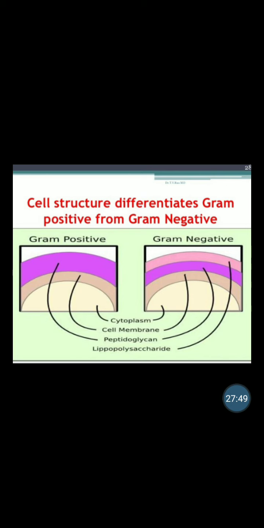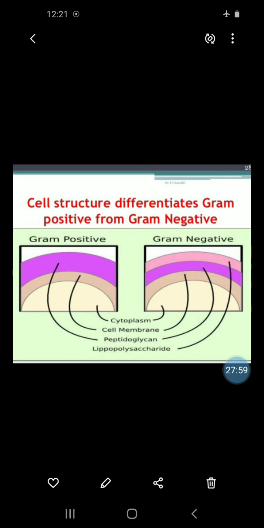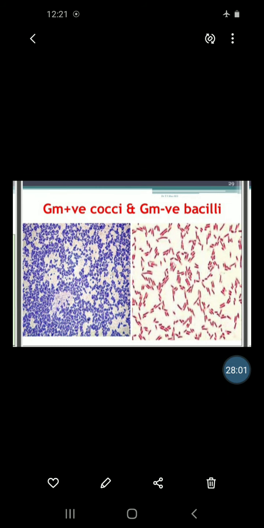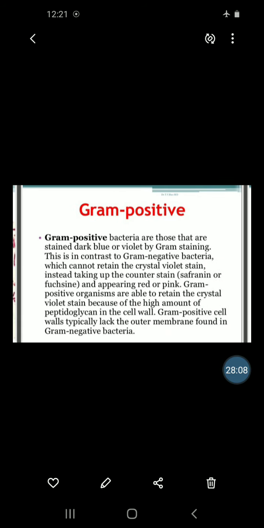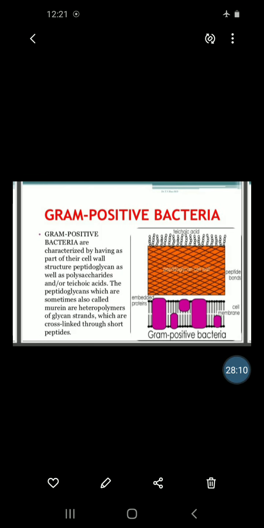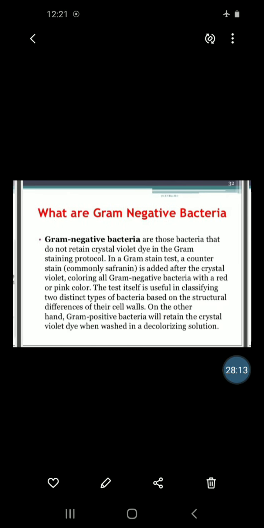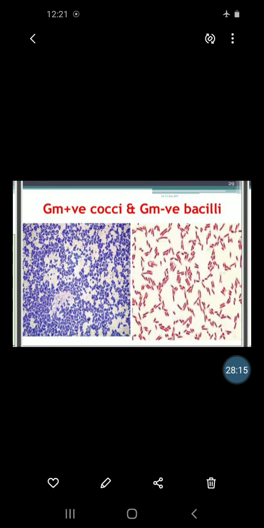And last, the lipopolysaccharide is only present in Gram negative bacteria. Here we can see the images for Gram positive cocci and Gram negative bacilli. I will stop here. The remaining part we will discuss in the next lecture.